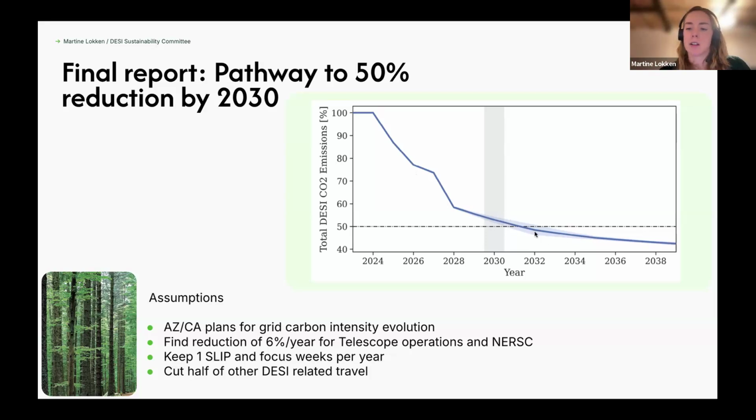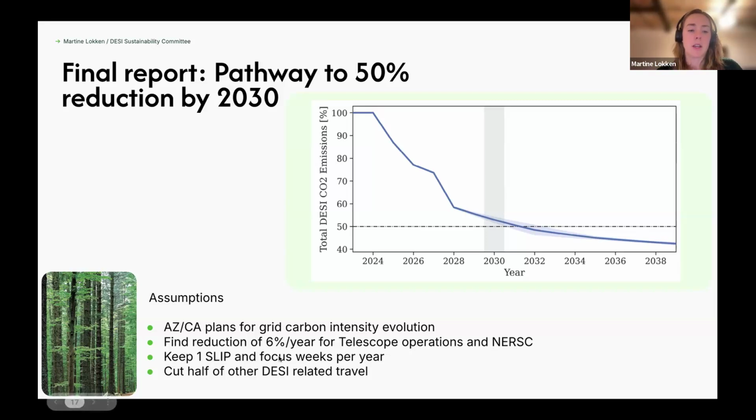And then this overall decline that keeps going is assuming that the plans for the Arizona and California grids continue as planned during the Biden administration. But I think these are state levels, so I think they are continuing. And there's a bit of grid emissions reduction happening because of renewables. And then we assumed that the telescope folks could find a reduction of 6% per year, which doesn't seem to be asking too much. And same at NERSC by increasing computing efficiency and limiting the amount of computing hours that people can ask for.